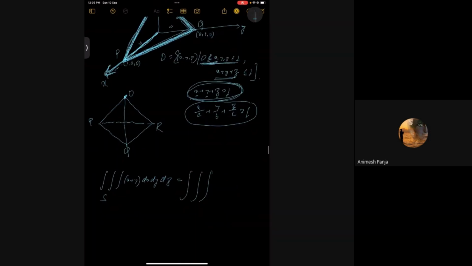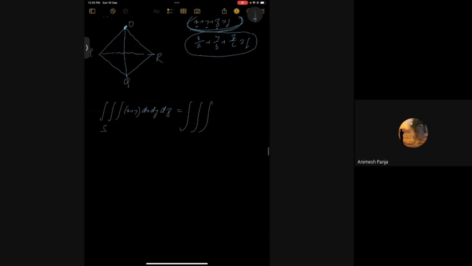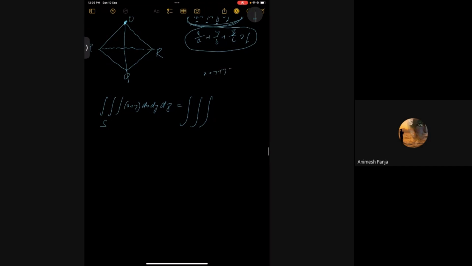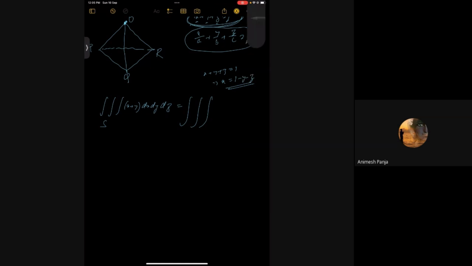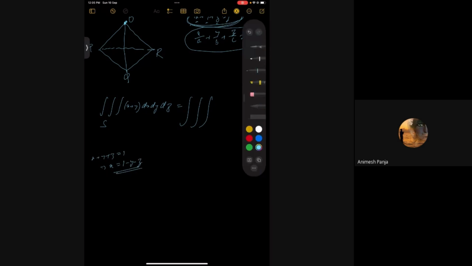So what is the plane? The plane was x plus y plus z equal to 1. If you write x as a function of y and z, it will be 1 minus y minus z. So this is the upper limit of the value of x, given by 1 minus y minus z.